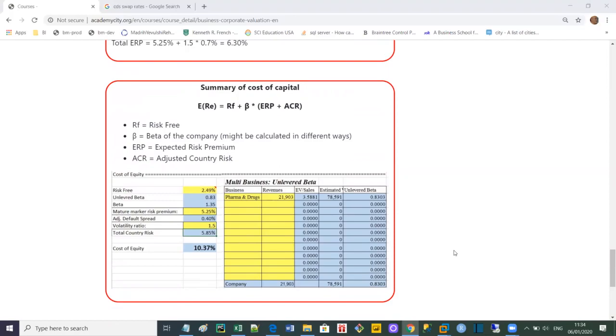In the Excel, you will have some parameters you put in the main page, and the ones in yellow, like the risk-free, will come automatically. And here we will see how we measure the beta, we'll measure the mature market risk premium, we do some adjustments, and then finally we get the cost of equity.